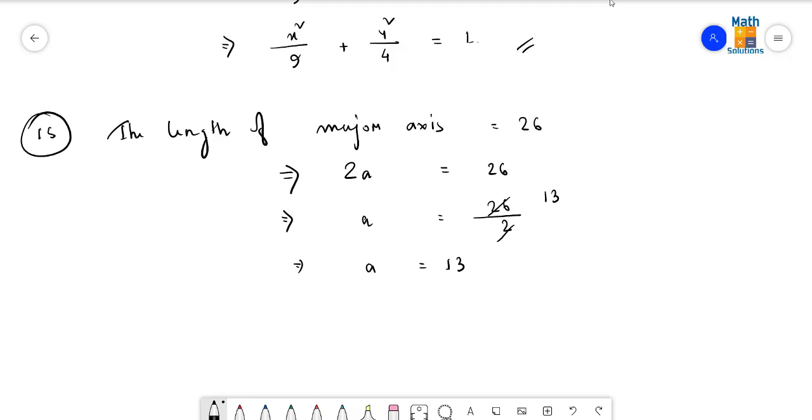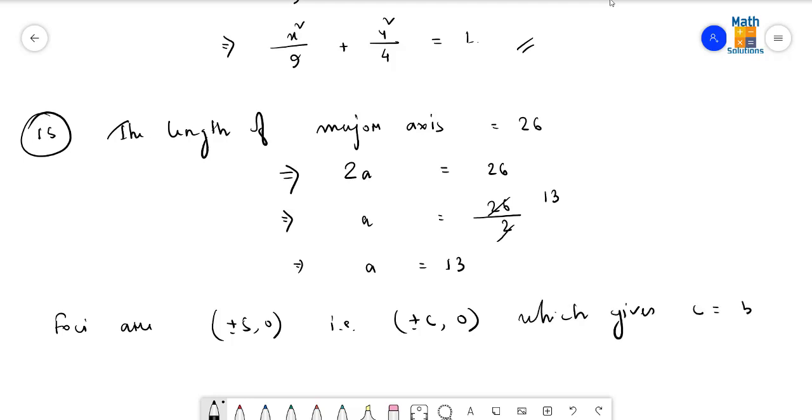Foci are plus minus 5 comma 0, that is plus minus c comma 0, which gives c as 5. Yes or no?